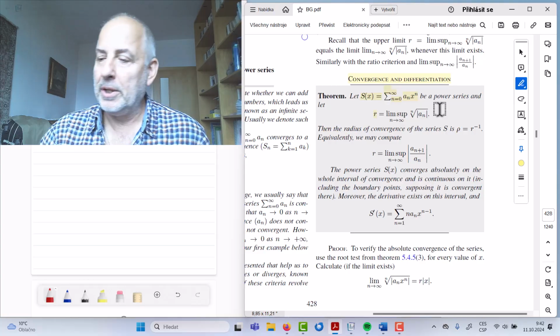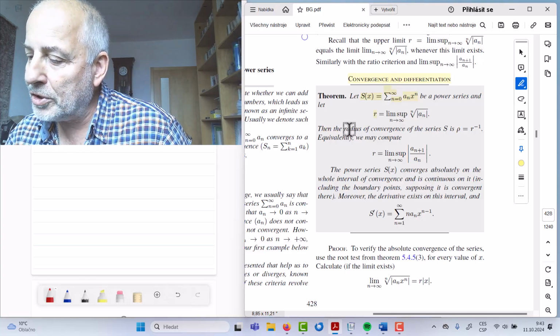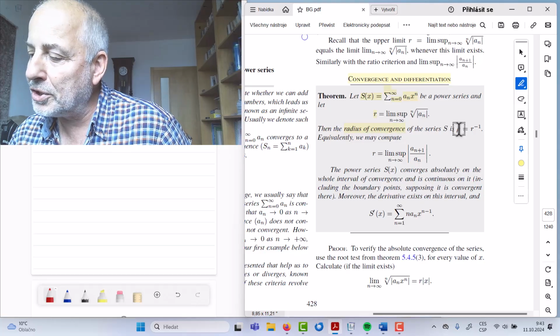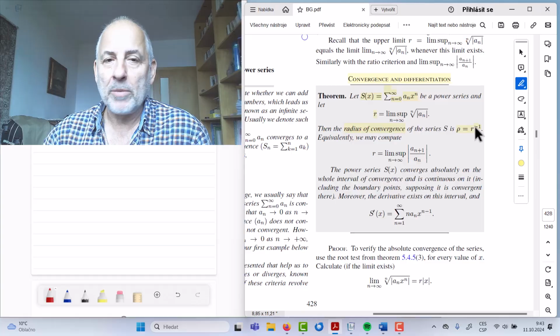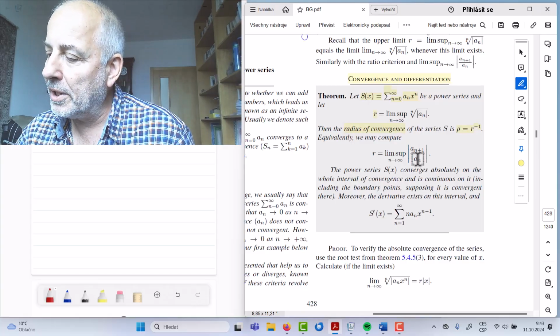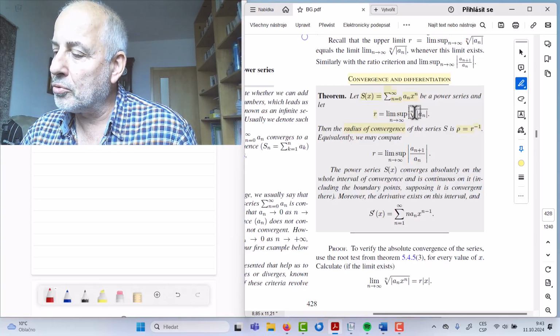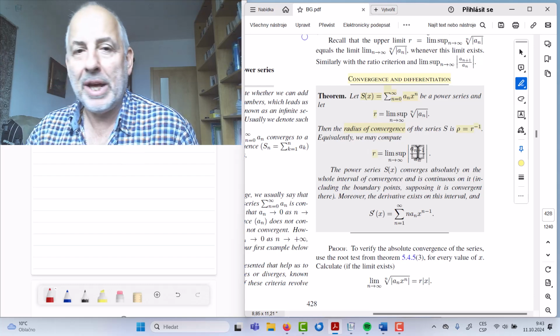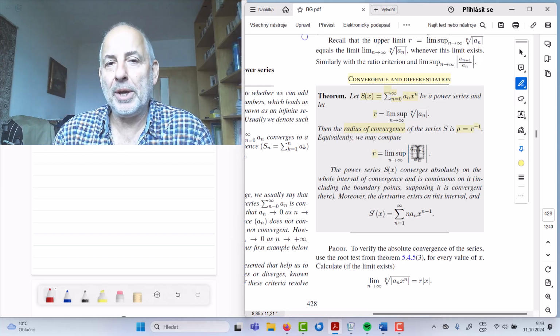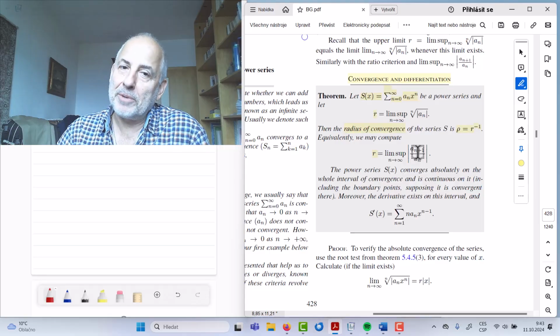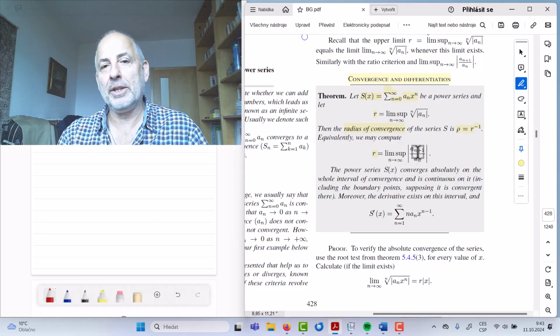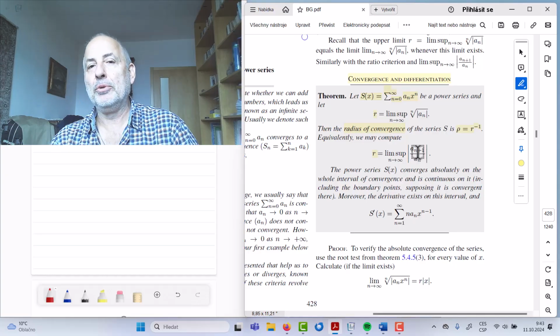And then the radius of convergence of our series is the reciprocal value. Equivalently, we may also do the same with the ratio test, not the root test. That gives you also the explicit number r, and the reciprocal value of r gives you the radius of convergence.